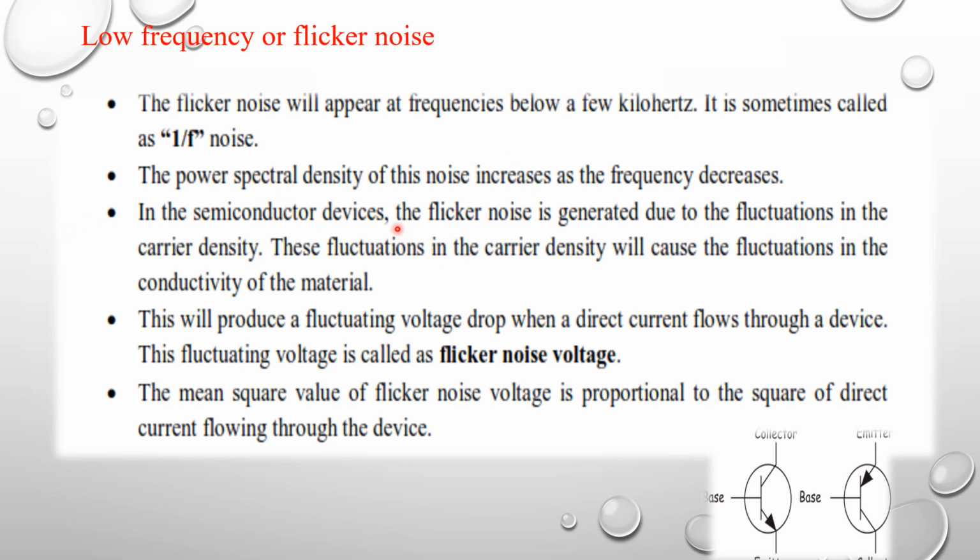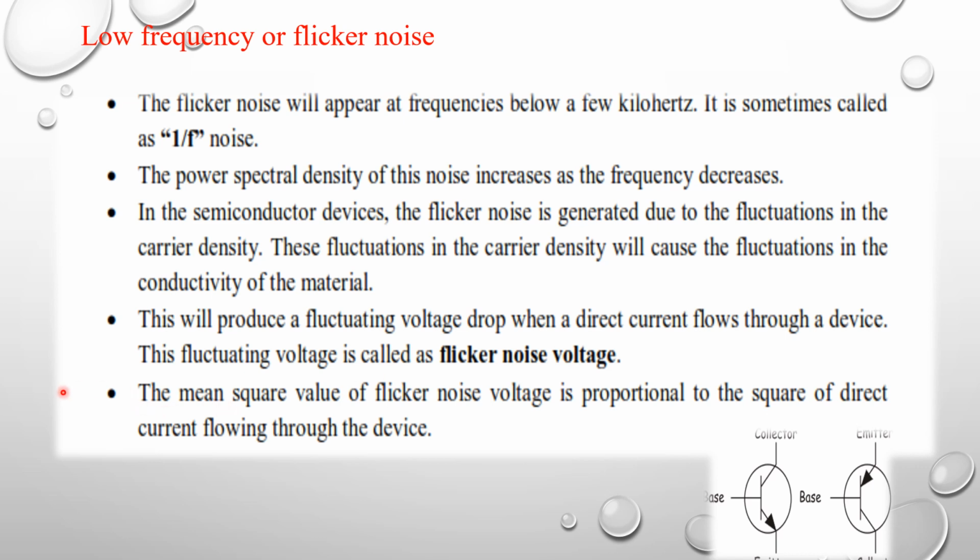In semiconductor devices, flicker noise is generated due to fluctuation in the carrier density. These fluctuations cause fluctuation in the conductivity of the material. This produces a fluctuating voltage drop when direct current flows through a device. The fluctuating voltage is called the flicker noise voltage.